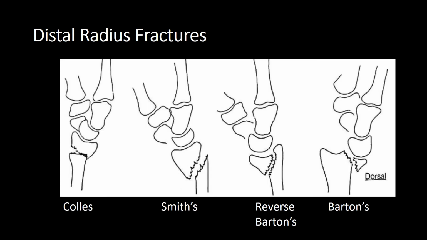There are 4 very common types of distal radial fractures. The most common by quite a considerable margin is the Colles fracture, and I'm sure you see at least one of these per day. When we talk about a fracture, we always talk about the distal portion in relation to the proximal portion.